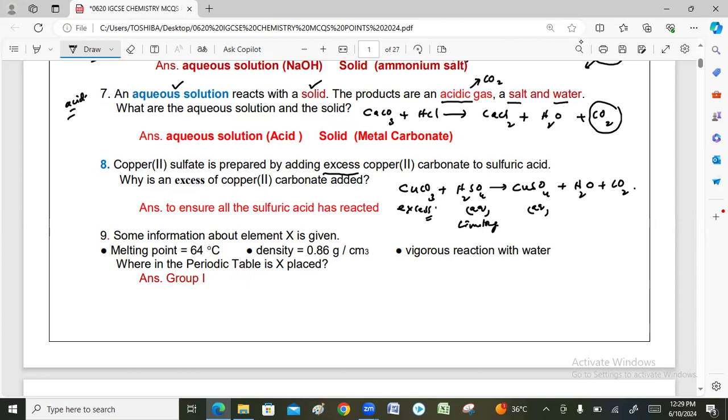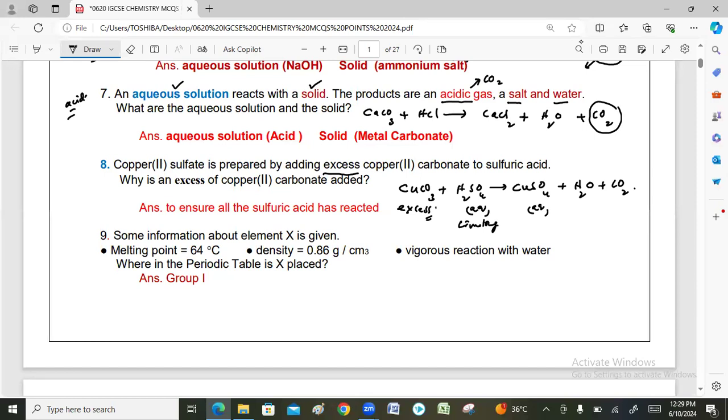Because if you're getting the salt, salt is also aqueous and sulfuric acid is also aqueous. So if the sulfuric acid is in excess, it will use all the copper 2 carbonate, but the sulfuric acid is in aqueous solution, salt is also in aqueous solution.